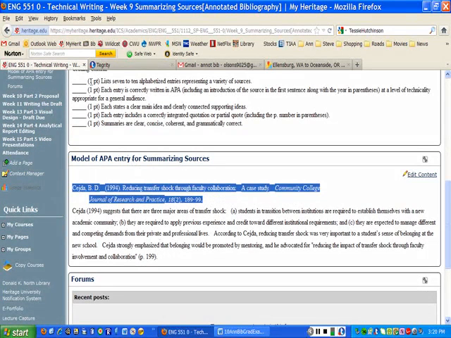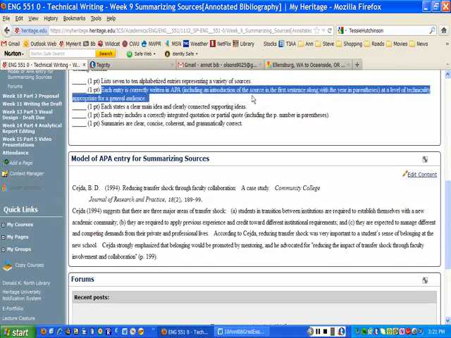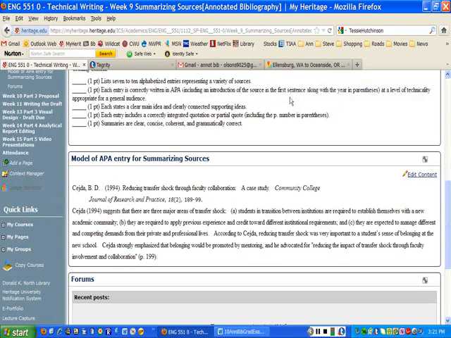So let's go up here again to the grading criteria, and I've asked each entry be written in APA, including an introduction of the source. In the first sentence, along with the year in parentheses, here is the example. Sejda suggests that there are 3 major areas of transfer shock.